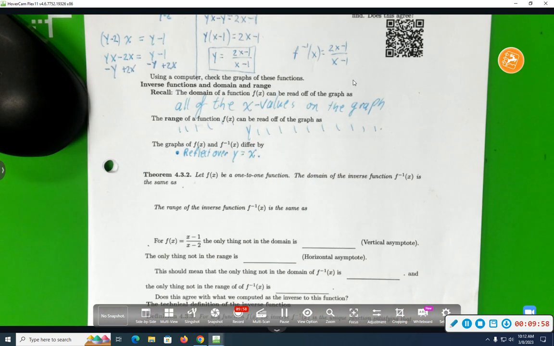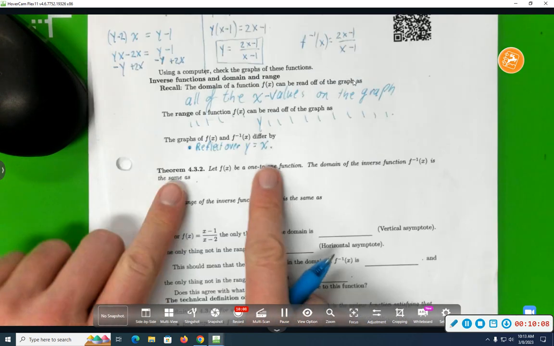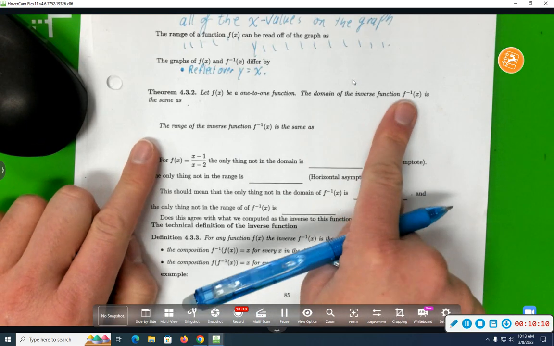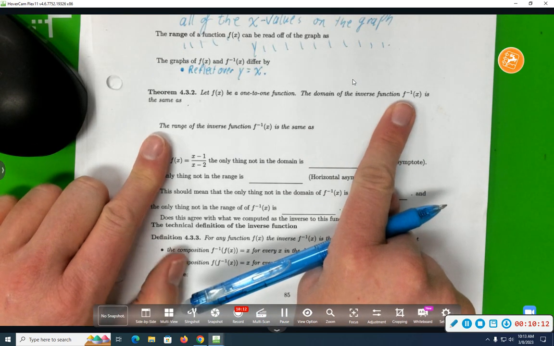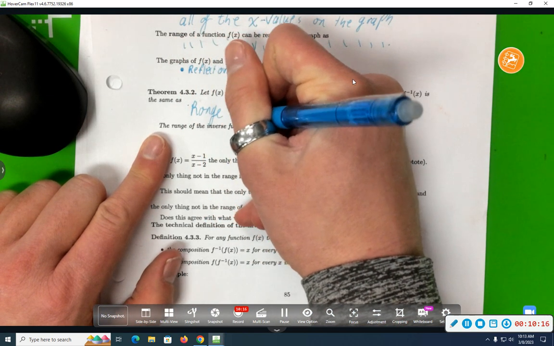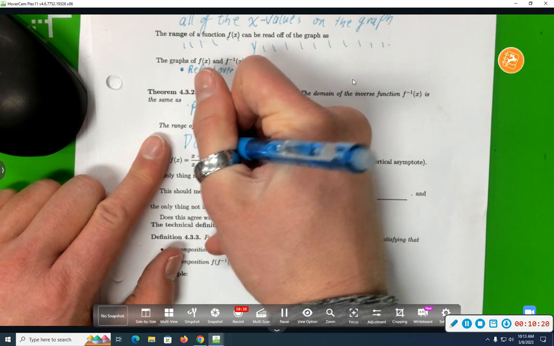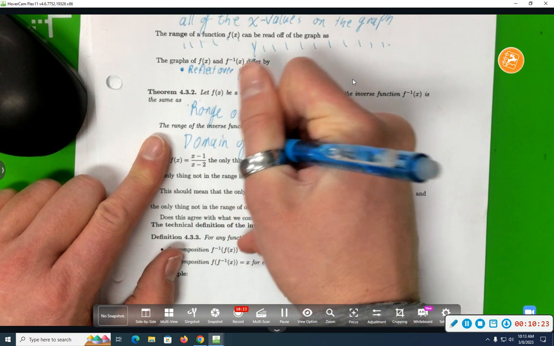What does that do to xy coordinates? Yeah, so I'm going to write what's going to go in the theorem statement. The domain of the inverse function is the same as the range of the original. Absolutely. The range of the inverse function is the same as the domain of f.